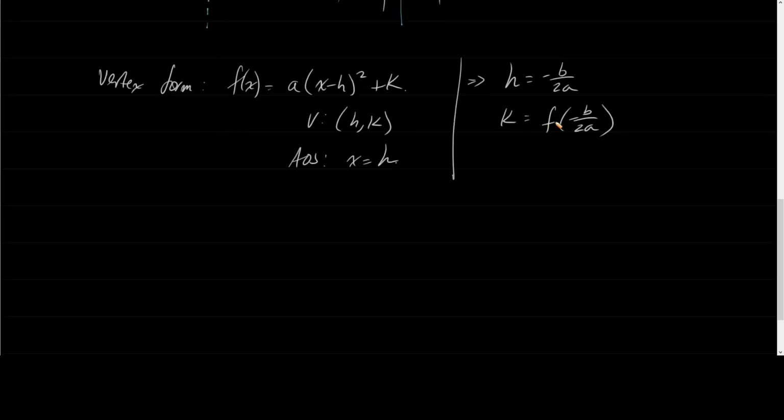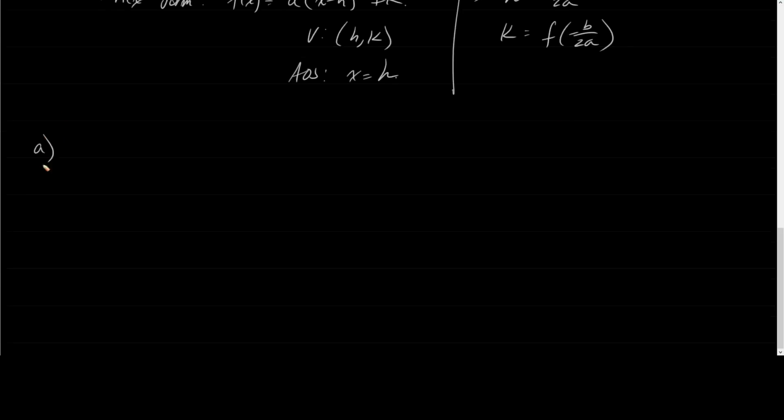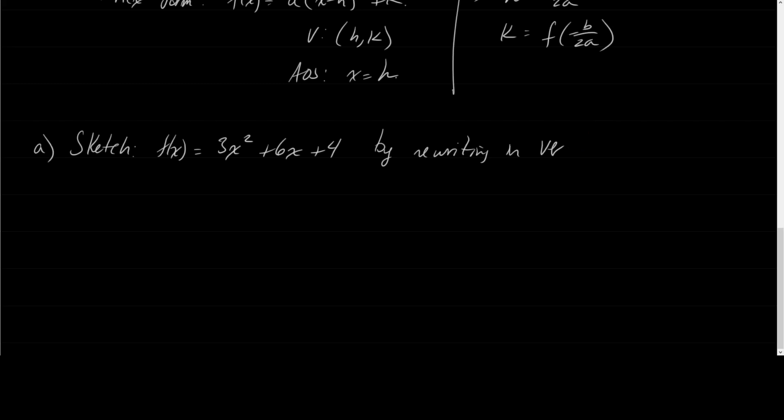So now let's do an example where we sketch some of this. Let's say I just said sketch f of x equals 3x squared plus 6x plus 4, by first rewriting it in vertex form.